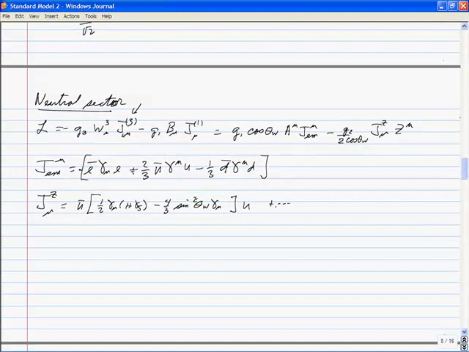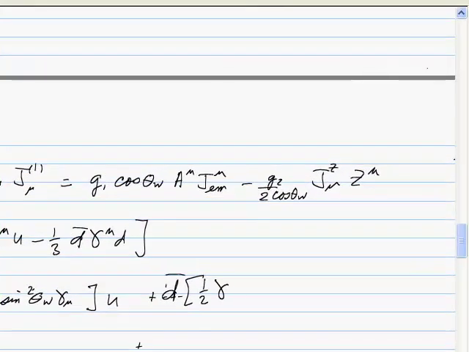Then let's see. Let me not write everyone. I'll give you the general formula in a minute. I do want to write one though, the last one that comes here. Actually, let me just write them all. d bar 1/2 γ^μ (1 plus γ5) d.